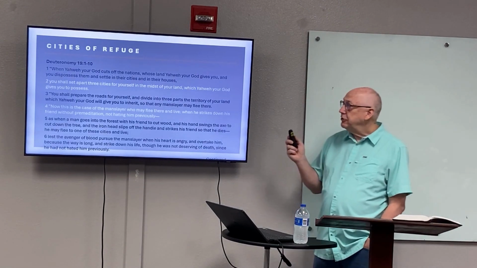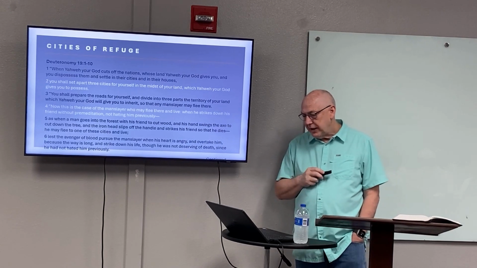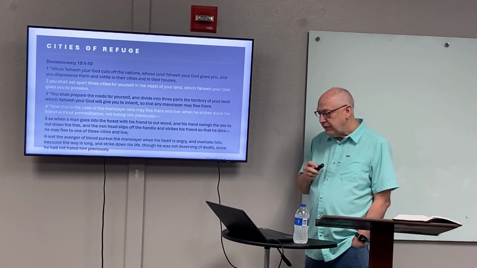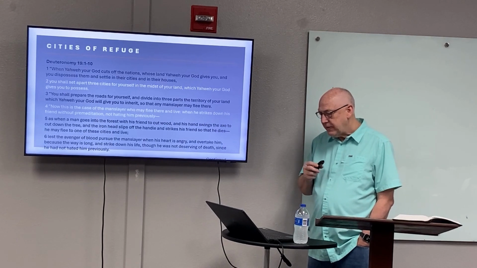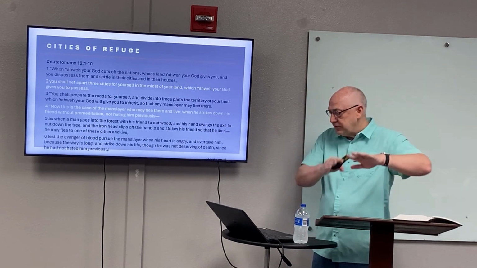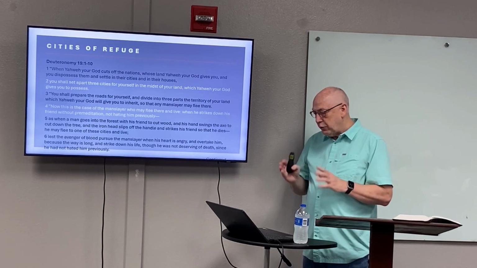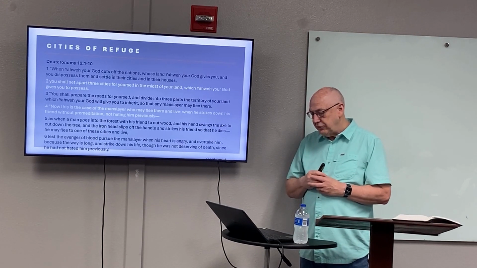Then we move into chapter 19. This is our text for today. It says, "When Yahweh your God cuts off the nations whose land Yahweh your God gives you, and you dispossess them and settle in their cities and in their houses, you shall set apart 3 cities for yourself in the midst of your land, which Yahweh your God gives you to possess."